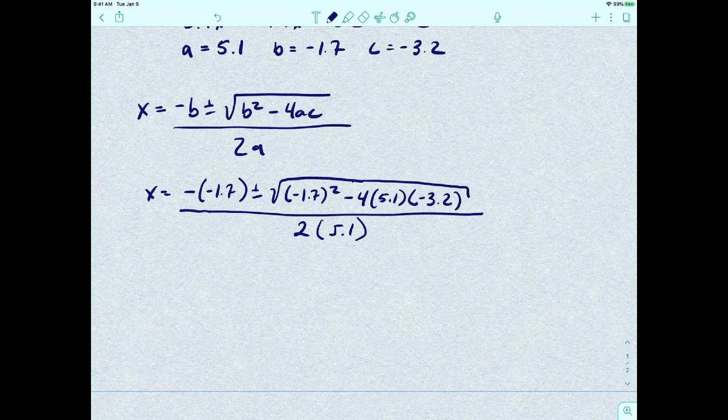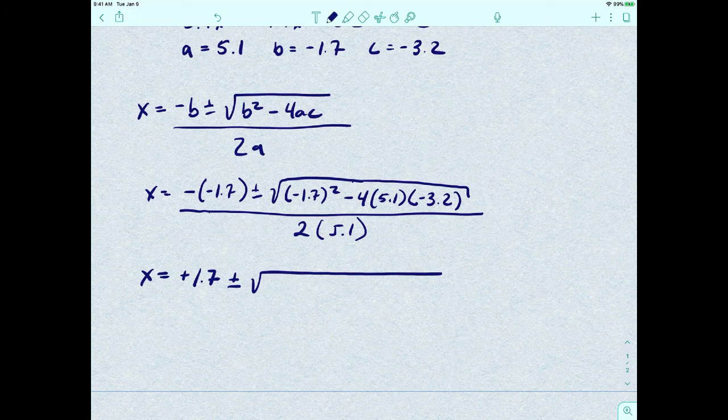That's why I'm pausing. All right, so starting from left to right, we've got the negative 1.7 times negative, so we got to make that a positive. So x would become a positive 1.7 plus or minus. Now we've got that square root. We got to deal with everything that's in that square root.